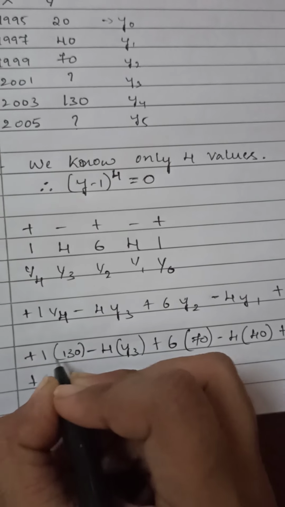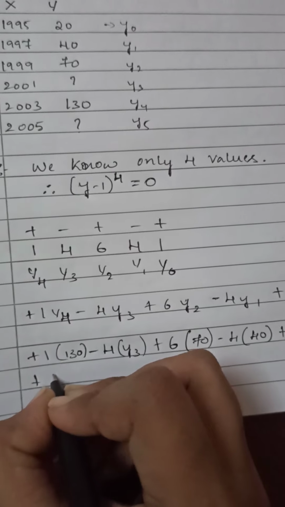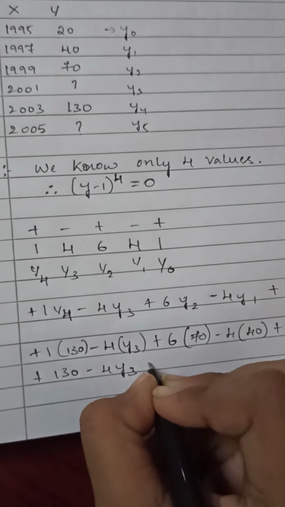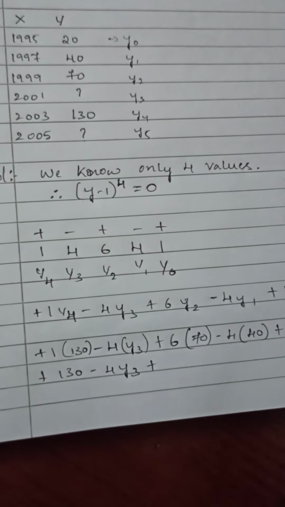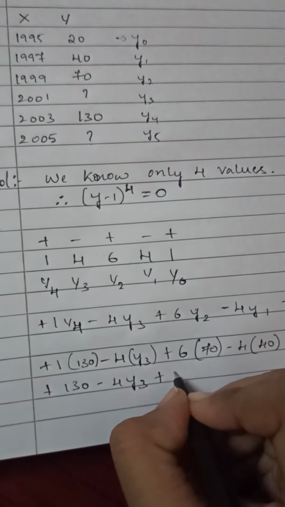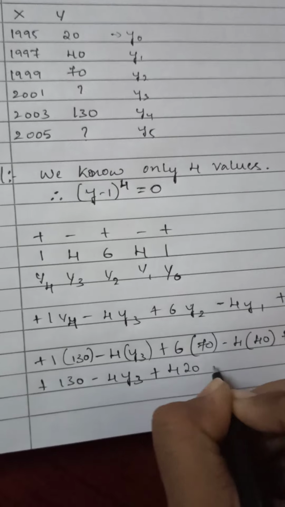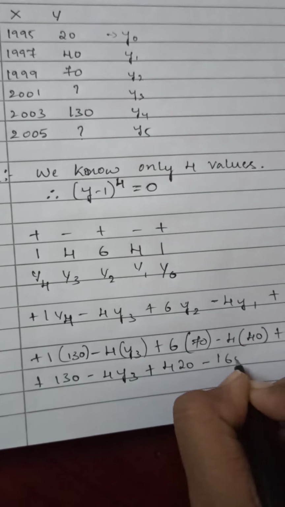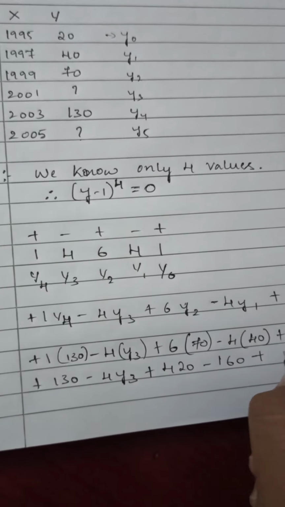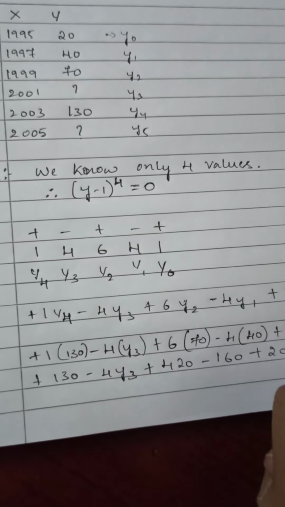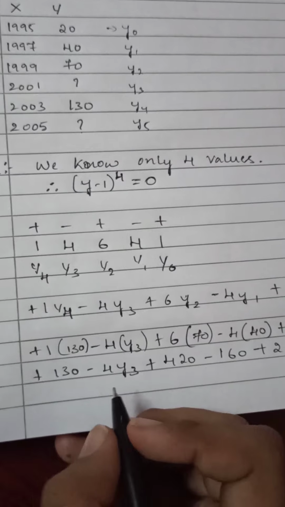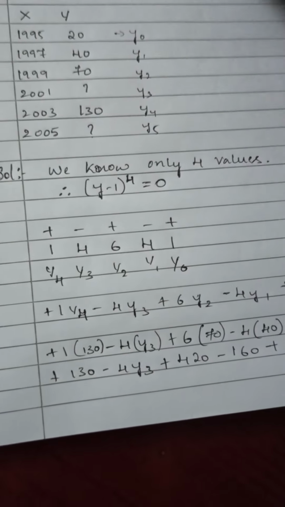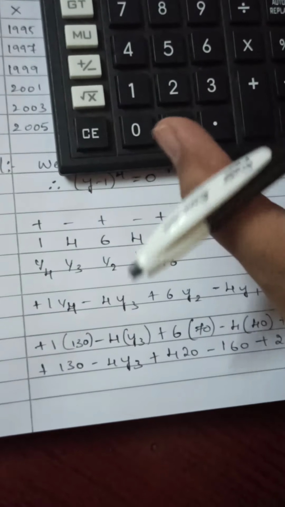Now substitute it. Plus 130 into 1, it will be 130, minus 4 y3, plus 70 into 6, 420, minus 4 into 40, 160, plus 20 into 1, 20 equals 0. Now you have to substitute the values. Take the plus signs, or you can use a calculator from the beginning.